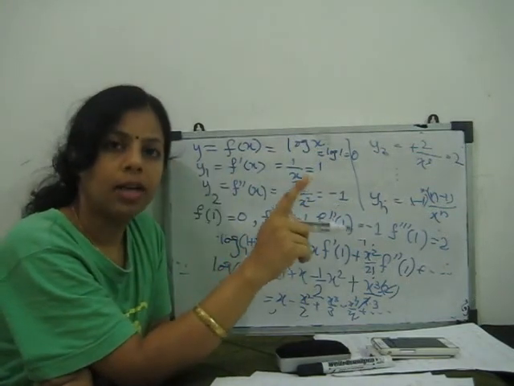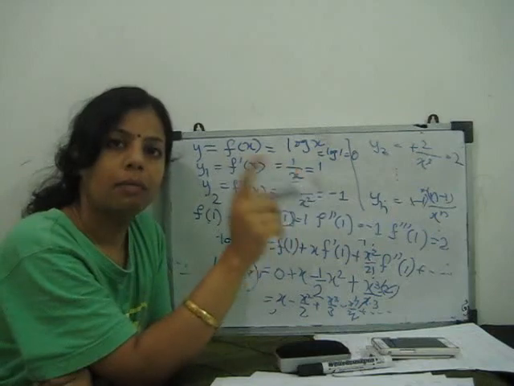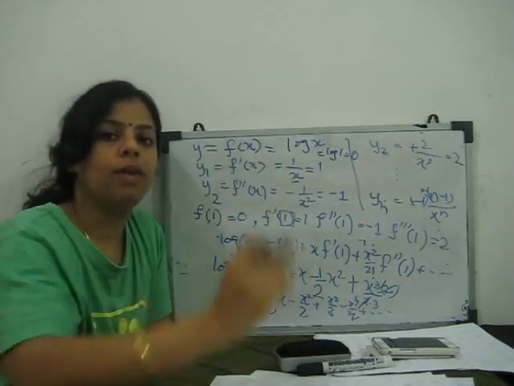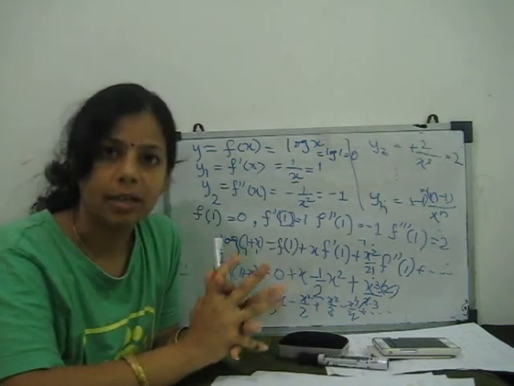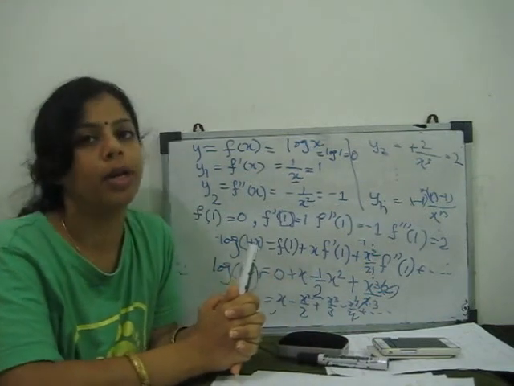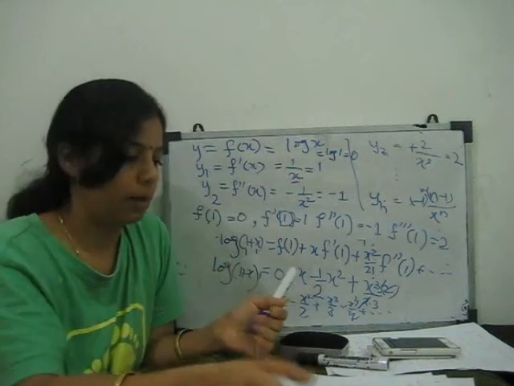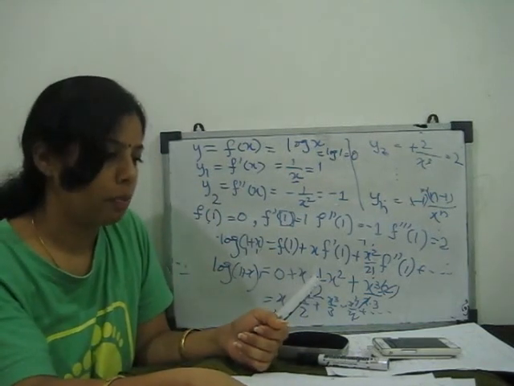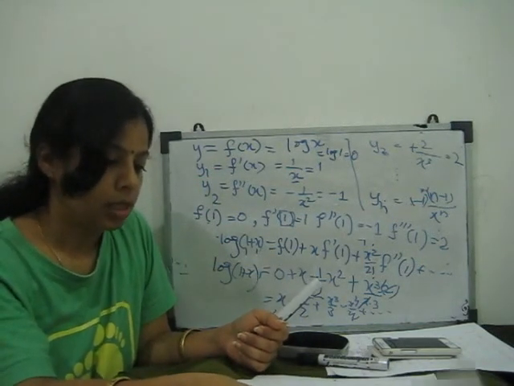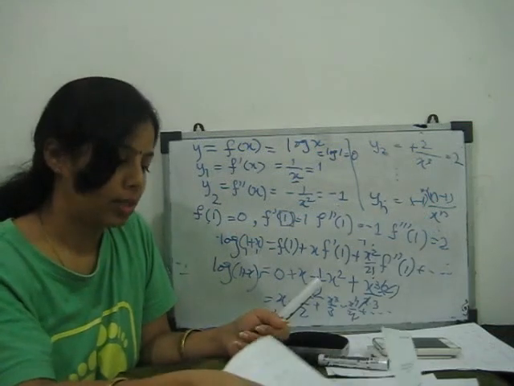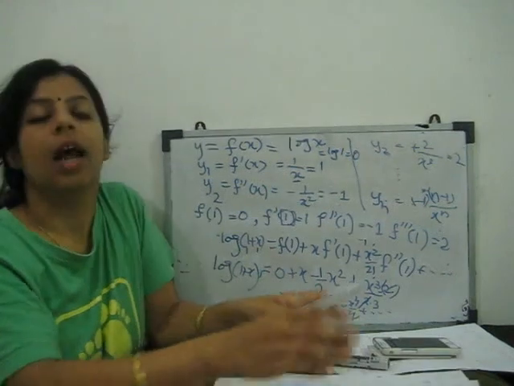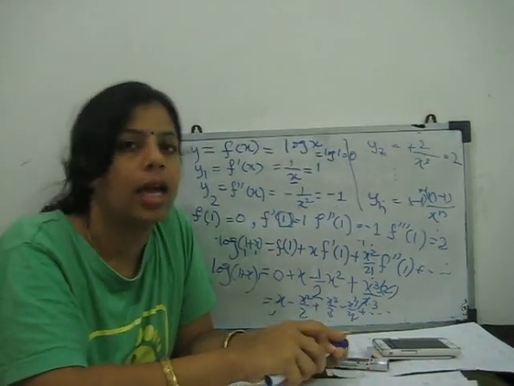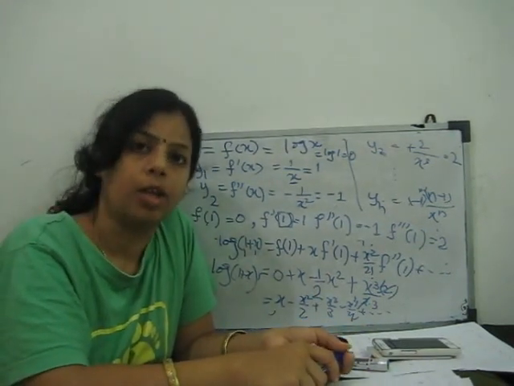If you want to expand a given function in Maclaurin's, then the point is always 0. The Maclaurin series always expands the given function at the 0 point, while Taylor means some different point. Similarly, you can see more examples and solve them, and then you can better understand how to solve these Taylor and Maclaurin series. Thank you very much.